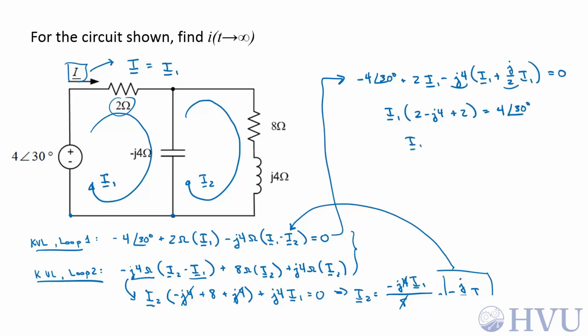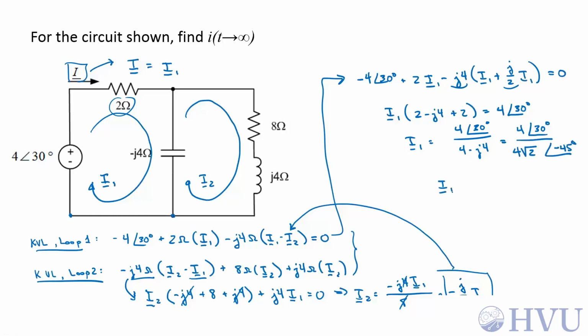So I1 is going to be 4 at an angle of 30 degrees over 4 minus j4 ohms, which is 4 at an angle of 30 degrees over 4 square root 2 at an angle of minus 45 degrees.